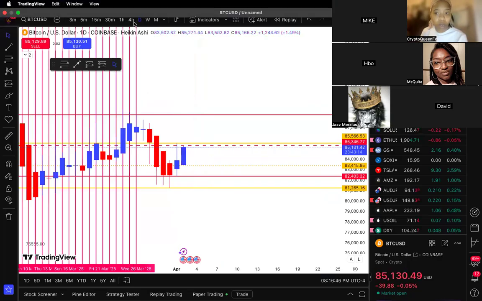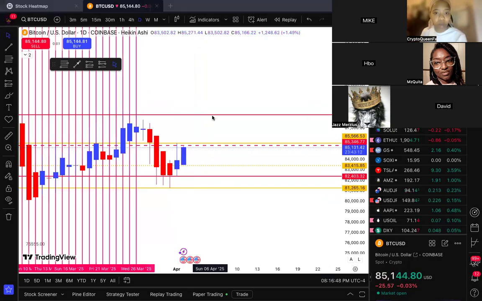Definitely going up. It might retrace this mid-month, the monthly high right here.